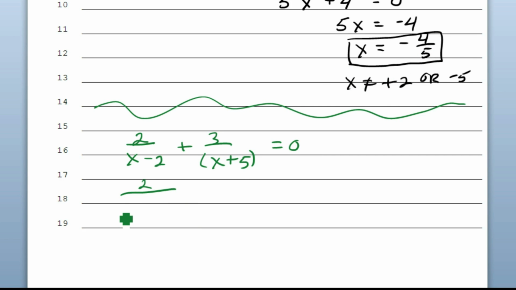Got 2 over minus 4 fifths minus 2 plus 3 over minus 4 fifths plus 5 equals 0.